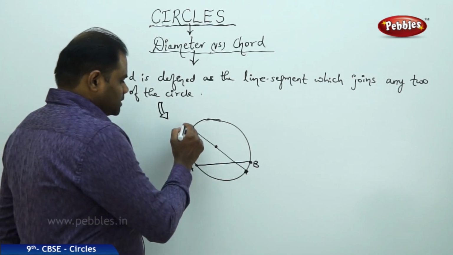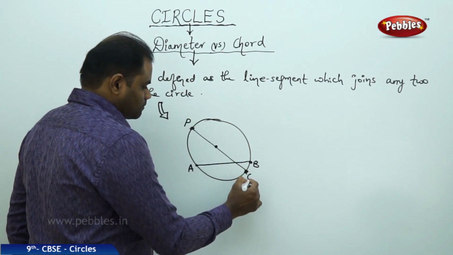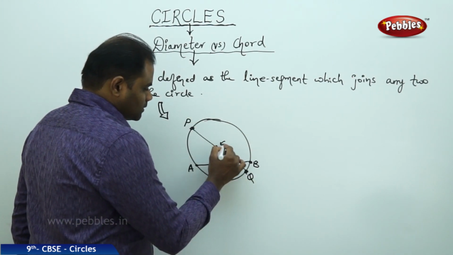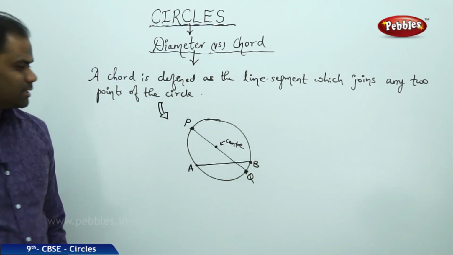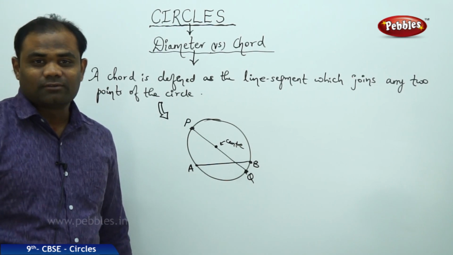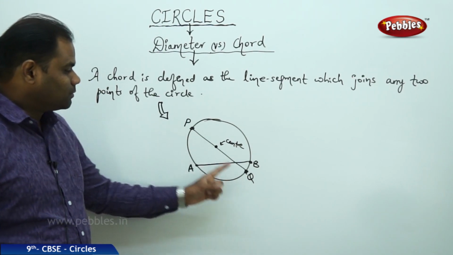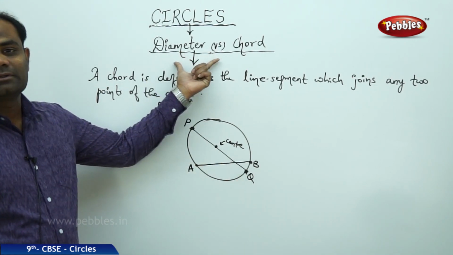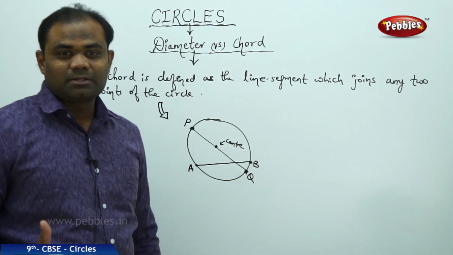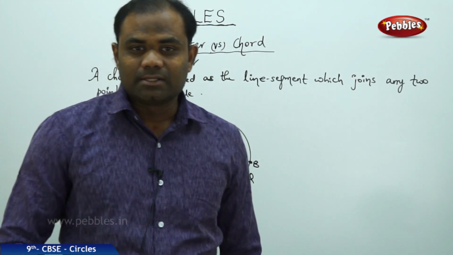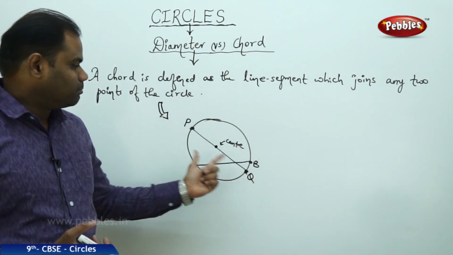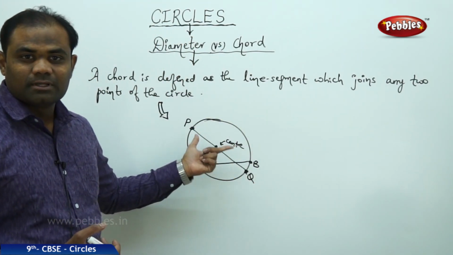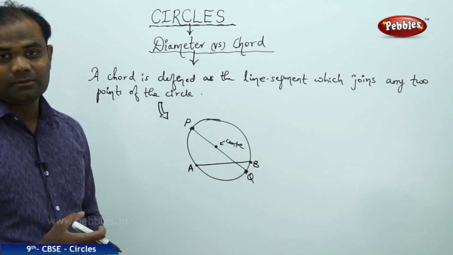So if I take the line segment P and Q passing through the center, then clearly I can say that PQ is a special chord for the circle and PQ is given the name diameter, because any line which passes through the center of the circle is a diameter, and hence the special chord PQ passing through the center must be the diameter for the circle.